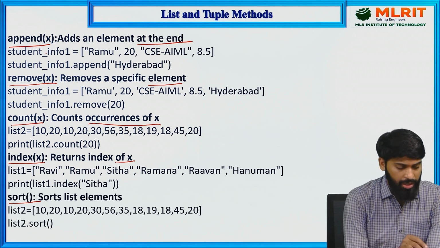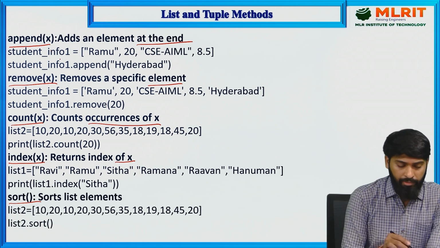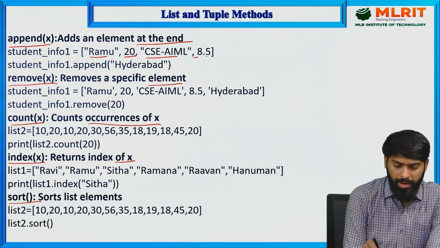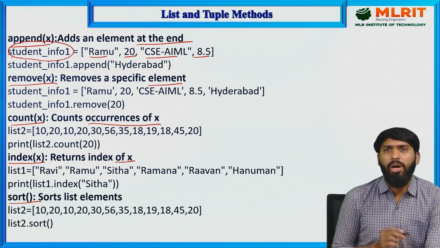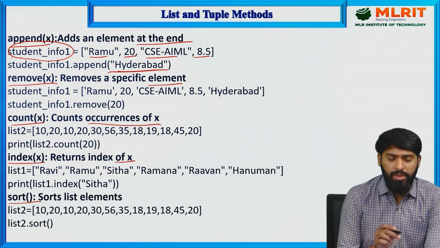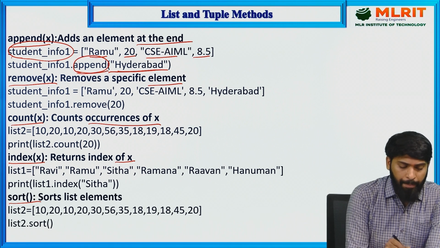Now coming to the first one, this is the example for append. Student info 1 is the list Ramu, 20, CSCML, 8.5. The variable name is student info 1. Now I want to append the place Hyderabad. How? Use the method append: student info 1 dot append Hyderabad.